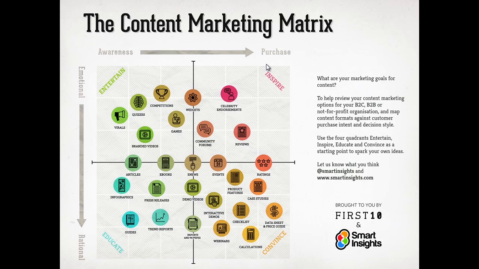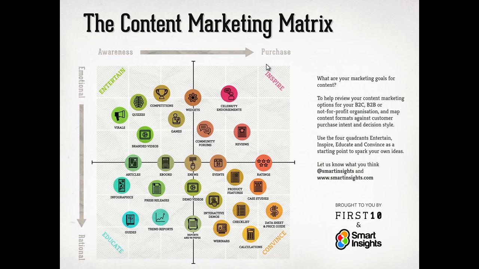So a great example of branded video in the entertain category would be the Dollar Shave Club video that I was showing this at a talk the other night. It's actually up to 15 million views now on YouTube. So that's great for awareness, but it's not right for all types of brands. If it's a higher value proposition, you might want more rational content in the bottom left.